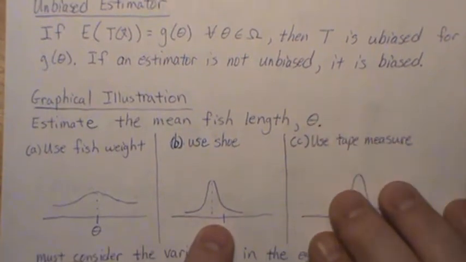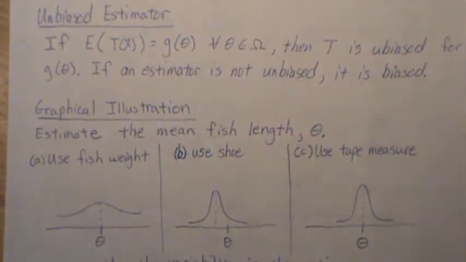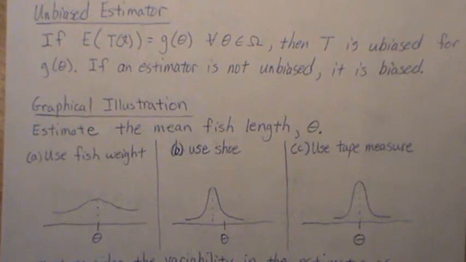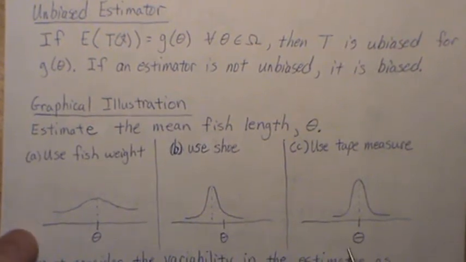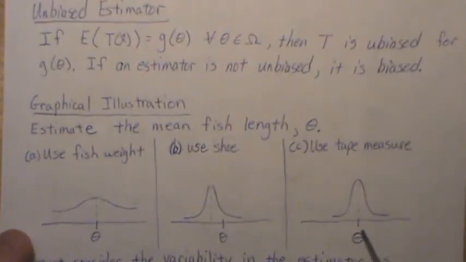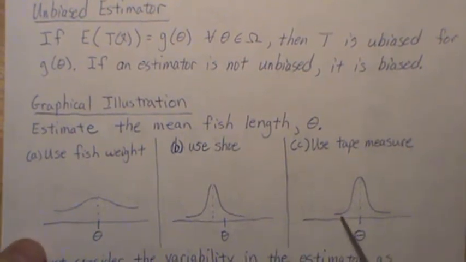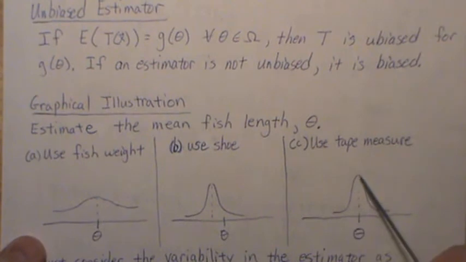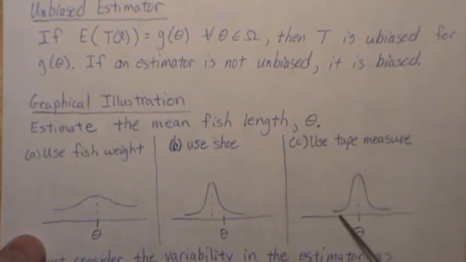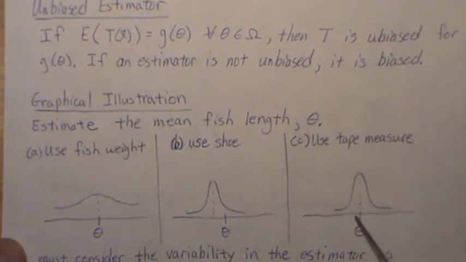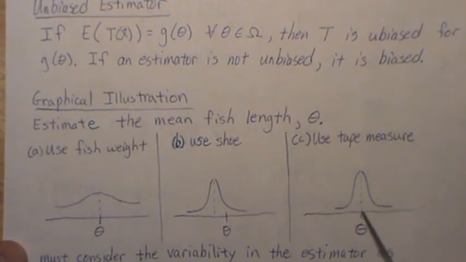Or another possibility is we actually have a tape measure and we measure every fish that we catch in our sample. And so when we calculate the average fish length, the distribution of that is going to be very close around the true fish length, right?